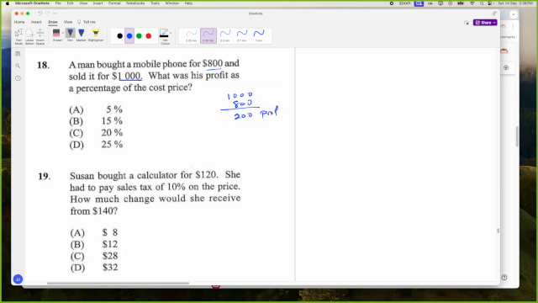Remember, profit percentage is the profit over the original price, which is the cost price, always, right? So that means that, where's that, 25%? My boy made 25% profit.